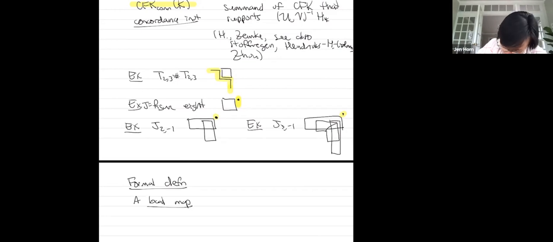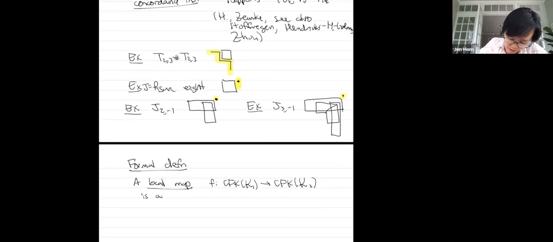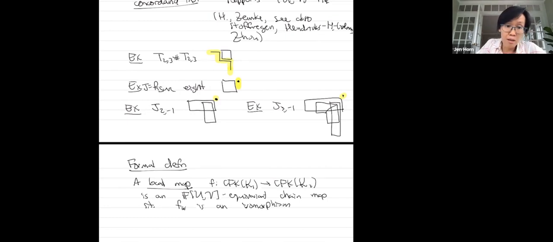A local map F from the knot Floer complex of K1 to the knot Floer complex of K2 is an F[U,V]-equivariant chain map such that F star is an isomorphism on the localized homology.